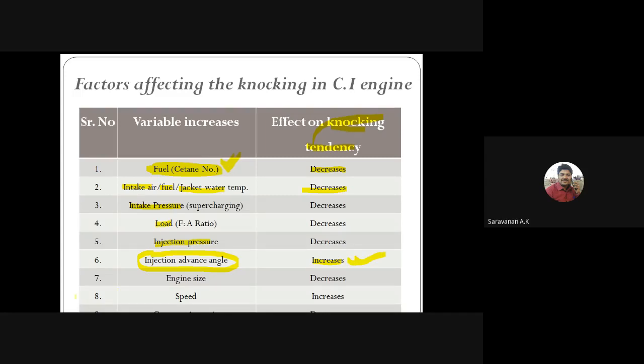Then the higher speed also increases the knock tendency. The remaining terms, the compression ratio, engine size, injection pressure, load, intake pressure, air temperature, and fuel temperature, all decrease the engine knocking tendency, right?